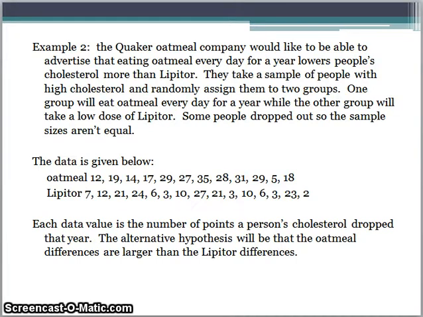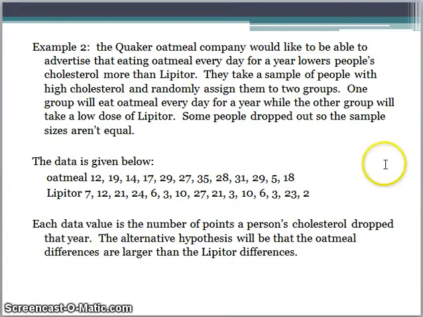So here's a second example. We have an oatmeal company that wants to advertise eating oatmeal every day for a year lowers people's cholesterol more than Lipitor. So they're going to take a sample of people and randomly assign them to two groups. One group's going to eat oatmeal every day for a year, while the other group for a year is going to take a low dose of Lipitor.